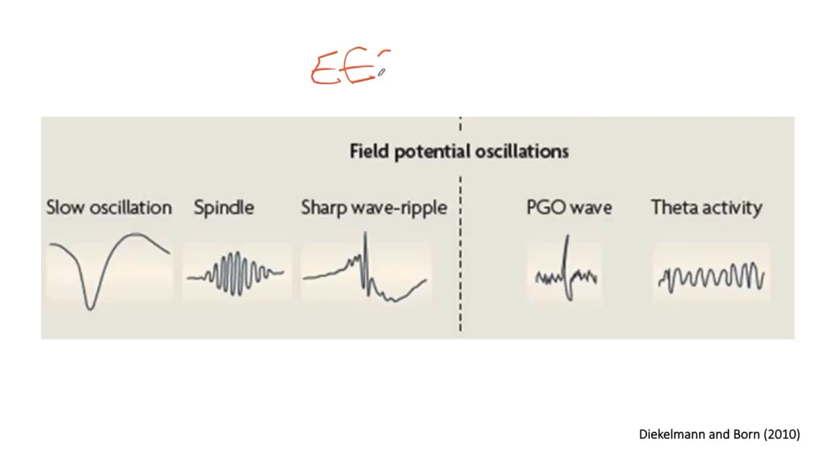If you want to clearly try to find different types of waves that we have in EEG during sleep, when we talk about slow wave sleep, we can have slow oscillations, spindles, sharp wave ripples, and this could be something like 0.8 hertz. These spindles are something like 15 hertz, and these ripples could be something like 100 to 300 hertz.